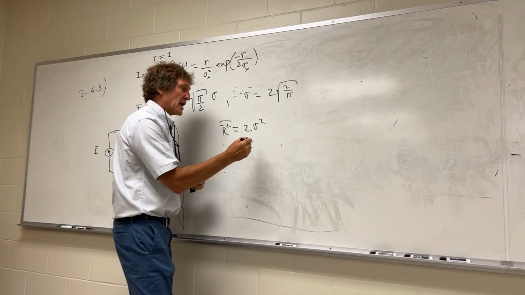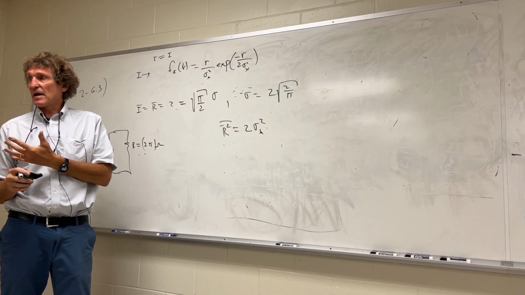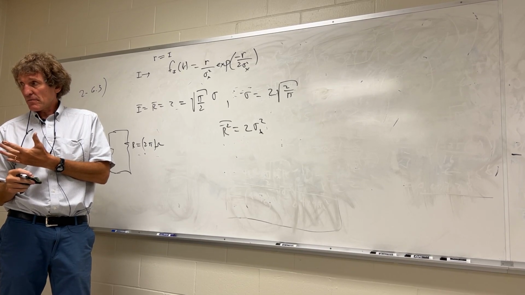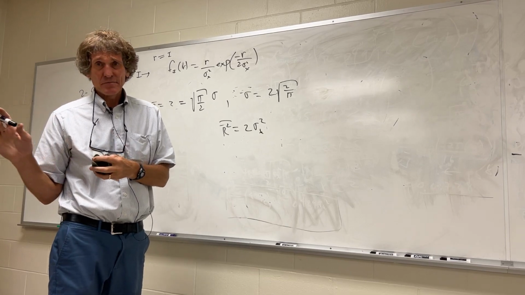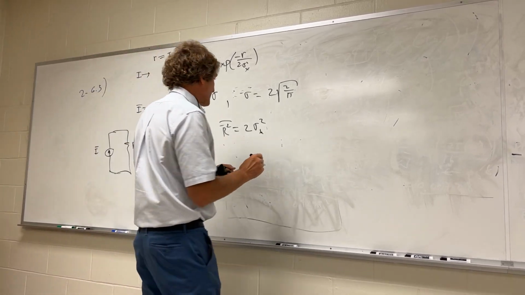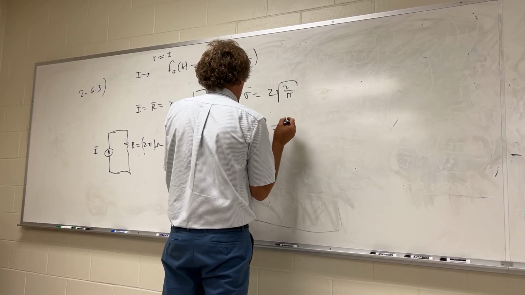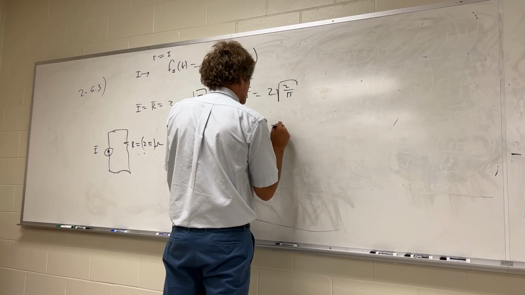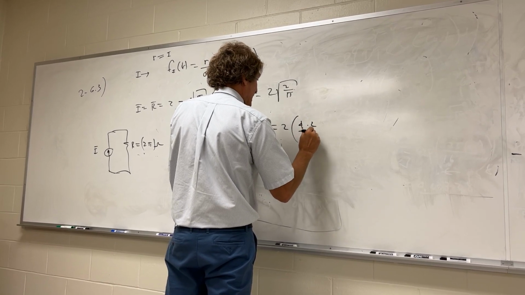That's the sigma of x we just calculated, related to the Gaussians that this Rayleigh came from. Some of this stuff seems a little odd, but you've got to follow me on this. So that's going to be 2 times that value squared, which is 2 times 4 times 2 over pi.